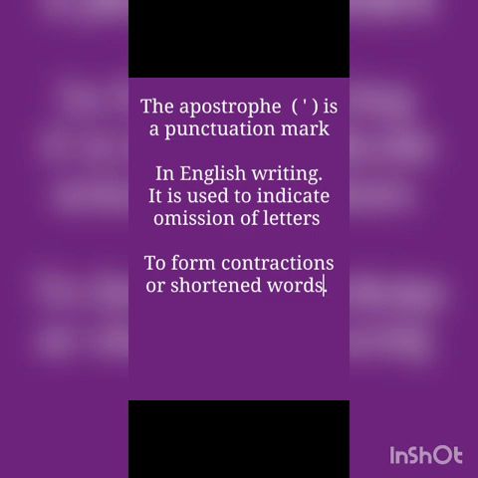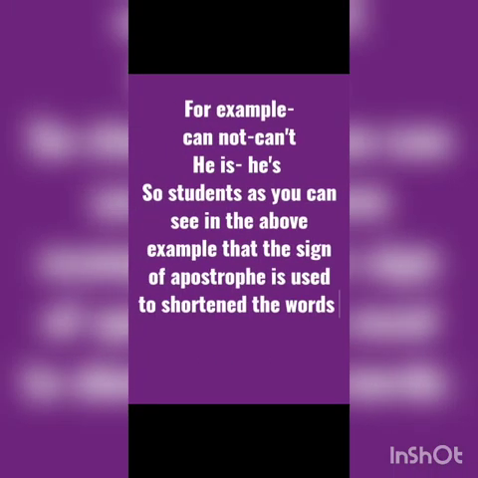The very first use of the apostrophe is to indicate omission of letters to form contractions, or we can also say this mark is used to shorten words. Now I'll explain with the help of examples. The first example you can see on the screen is cannot.